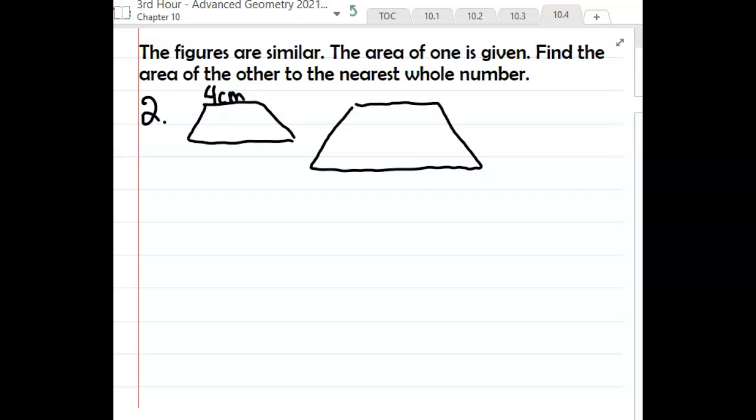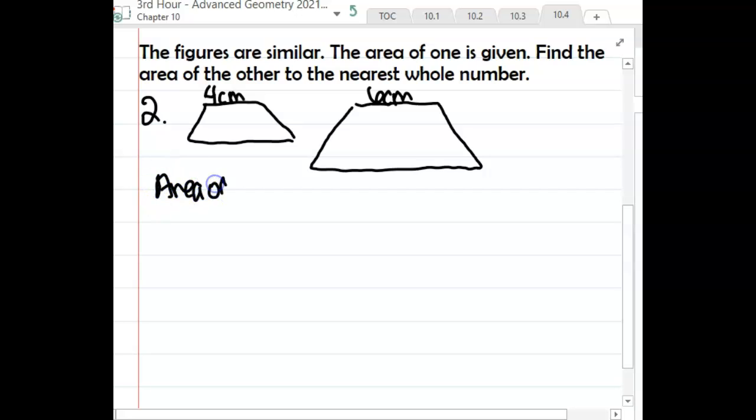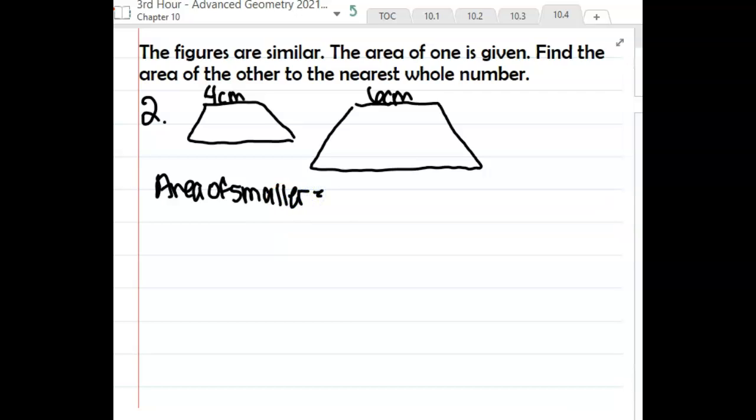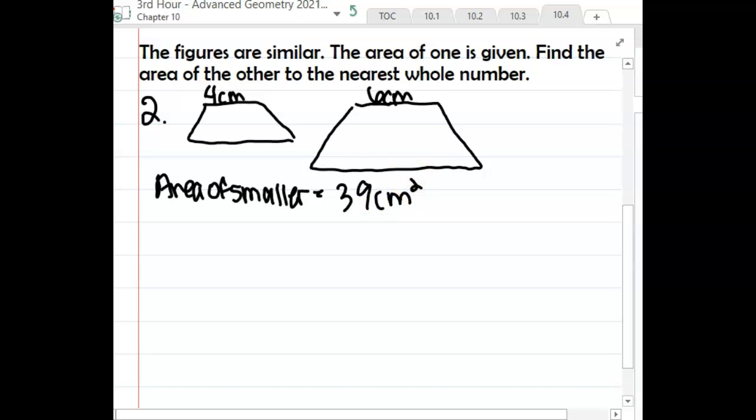The top of the larger trapezoid is 6 centimeters. And we're also going to be given that the area of the smaller trapezoid is 39 centimeters squared.